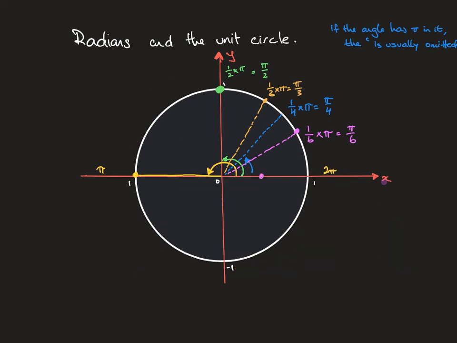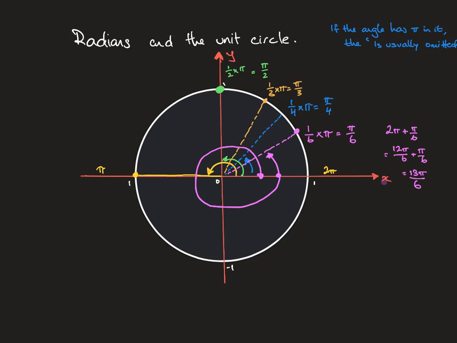So if we started at 0 and went around the whole circle, we will have done 2 pi to here plus another pi on 6, which would make this now 2 pi plus pi on 6, which is 12 pi on 6 plus pi on 6, which is 13 pi on 6.